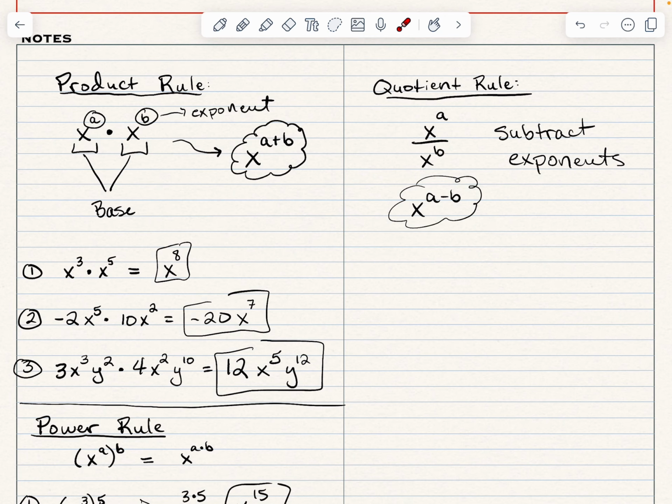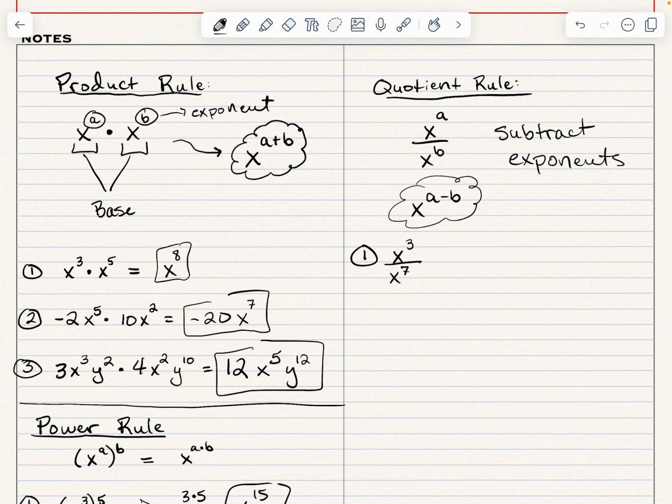And if one of them has more, start your subtraction with that number and then leave the exponent where there is more. Okay, and I'll show you what I mean by that because we haven't talked about negative exponents just yet. So here's an example. Here's how our quotient rule will work together. Let's say we have x to the third over x to the seventh.